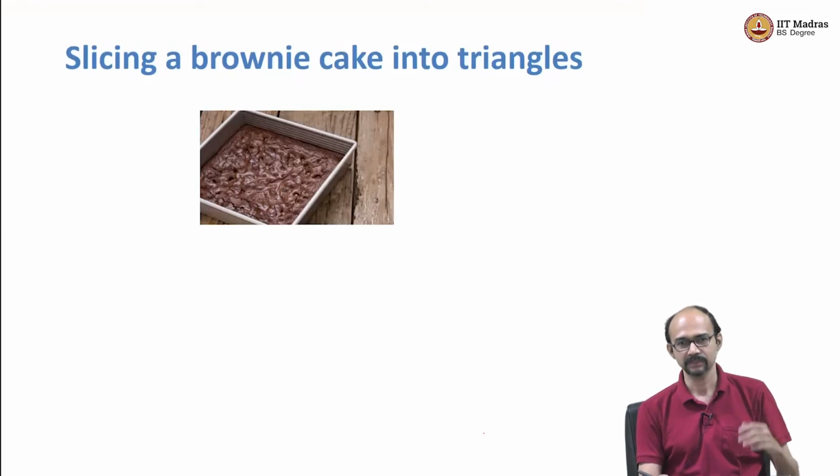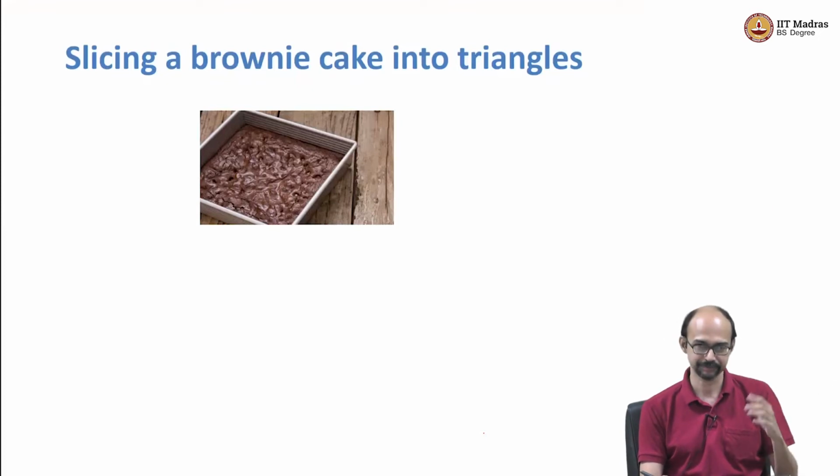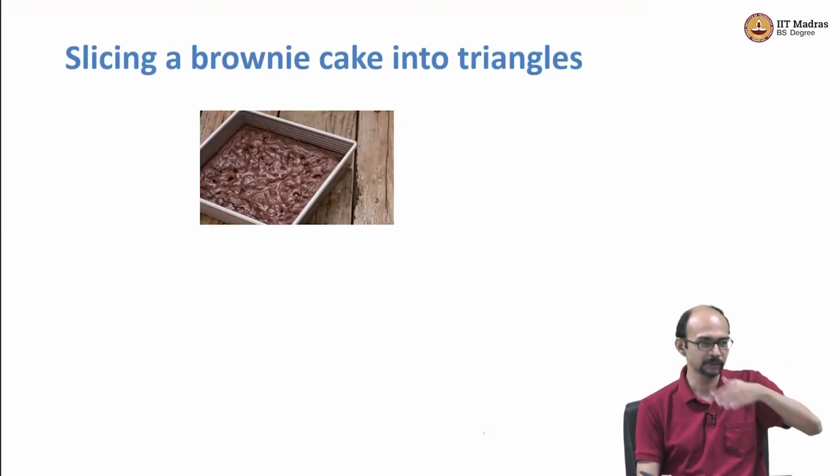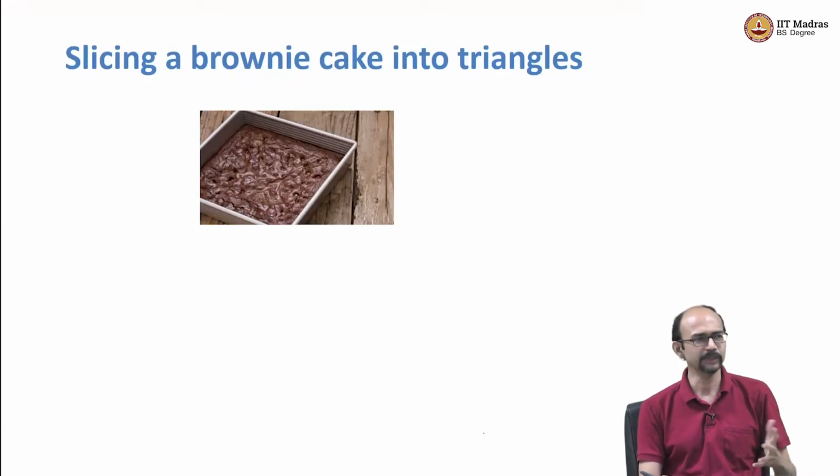He was very happy. The son came back with some friends and said, now let me cut it. Usually when you do brownies, you cut them into square or rectangular pieces. The son was very disappointed. He said, no, I don't like this. Usually we have a round cake and then you slice it like this. And I want that.